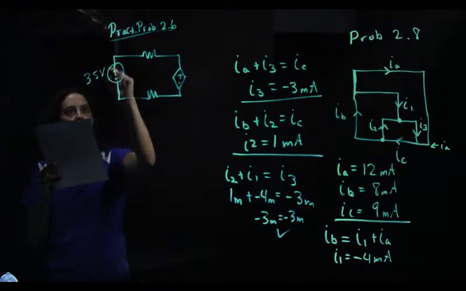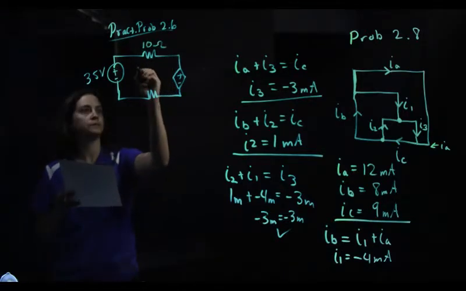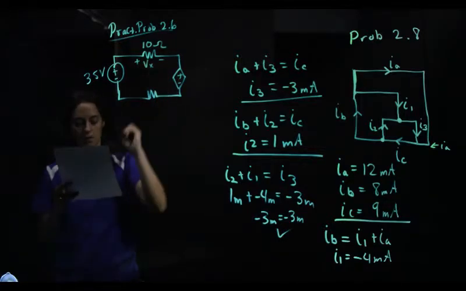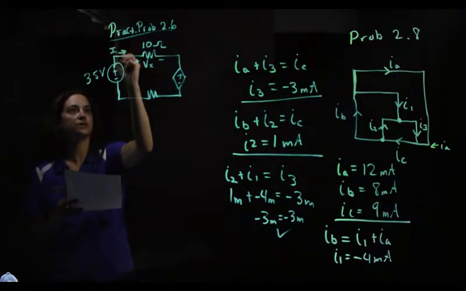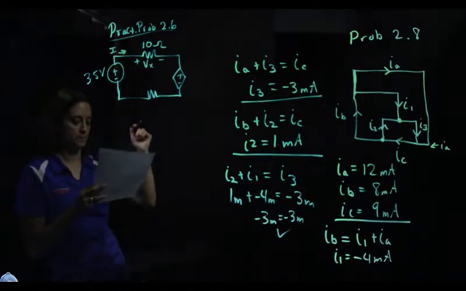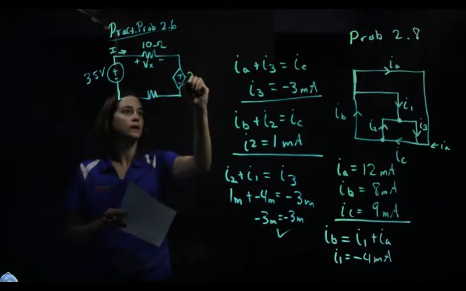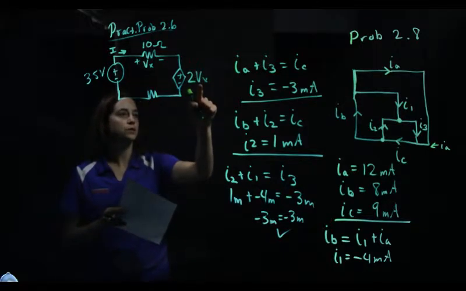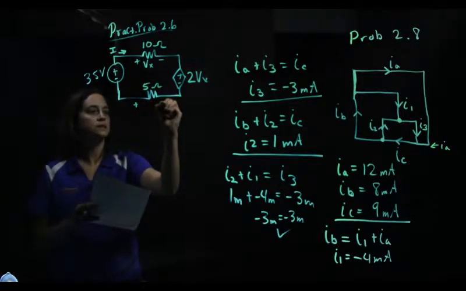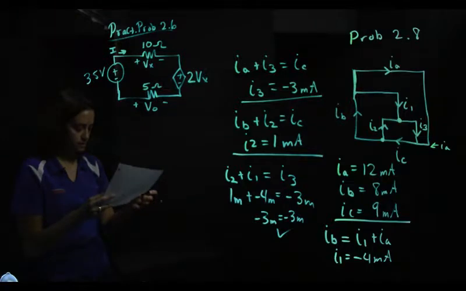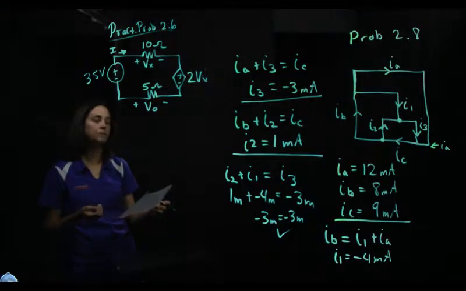A 35-volt independent voltage source, a 10-ohm resistor with some Vx across there, and a current I going this direction. This is a dependent source because it's a diamond, and it's 2Vx. So it's a voltage-controlled voltage source. I have 5 ohms here and some VO across it. And I believe we're asked to find VO and Vx.